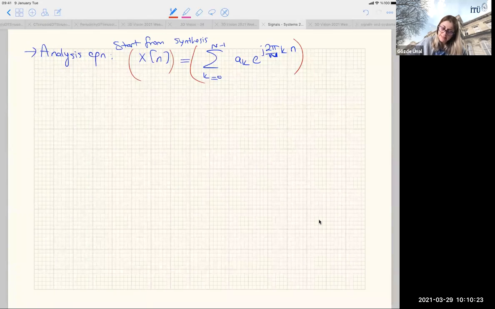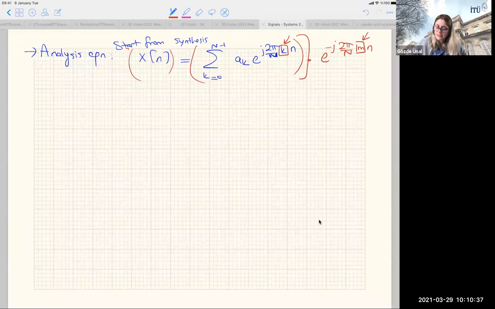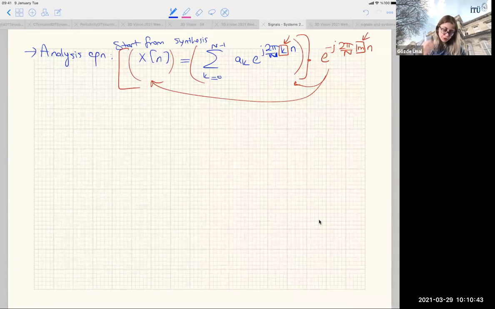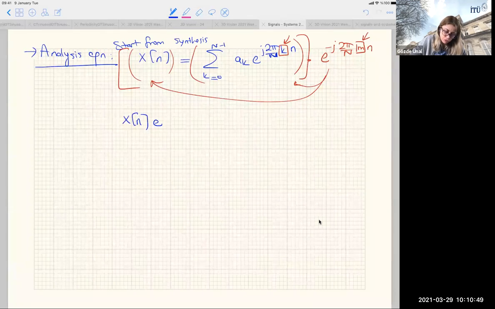Multiply by the complex conjugate, e to the minus j 2 pi over N m n. You see here it's the k index, here it's an m index. Multiply both sides by this; this is exactly what we did in continuous time. Let's do it here. It's really telling us how to obtain the analysis equation.